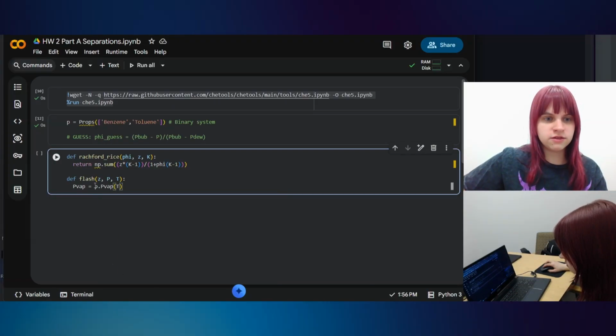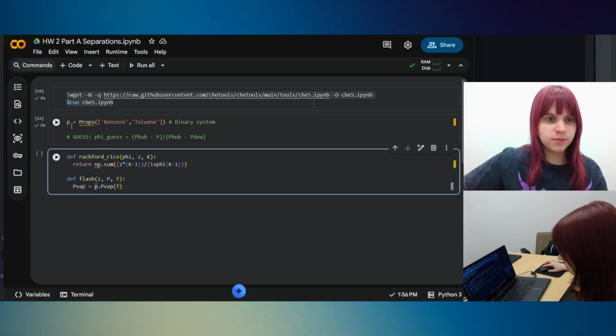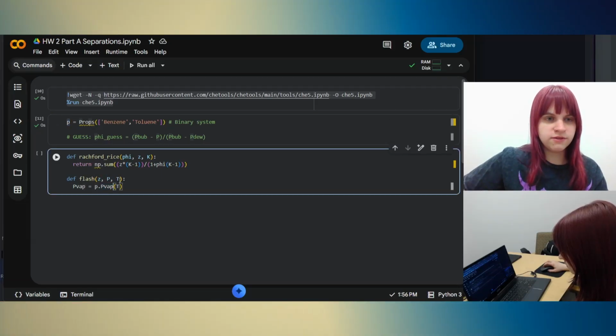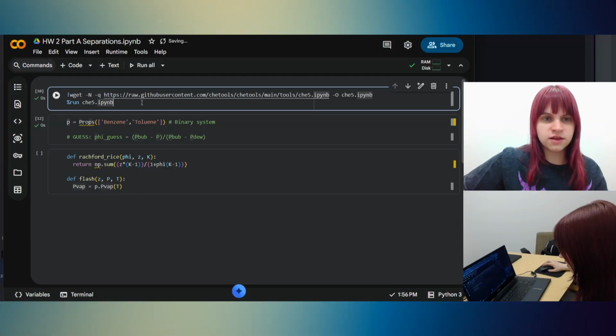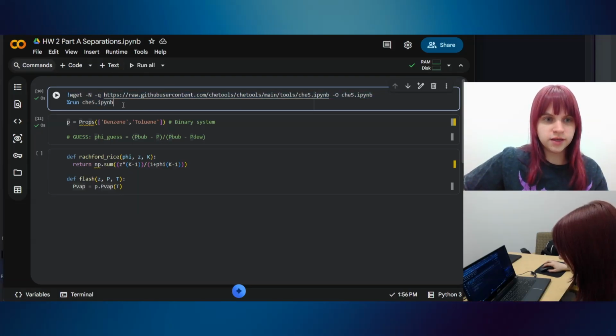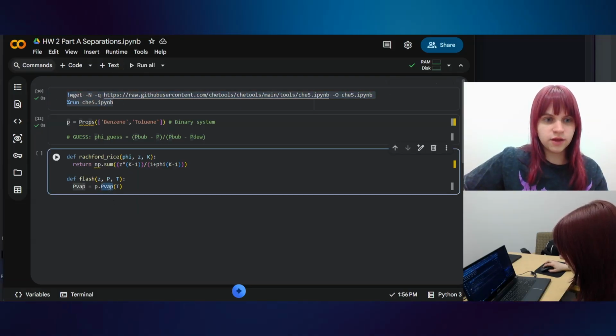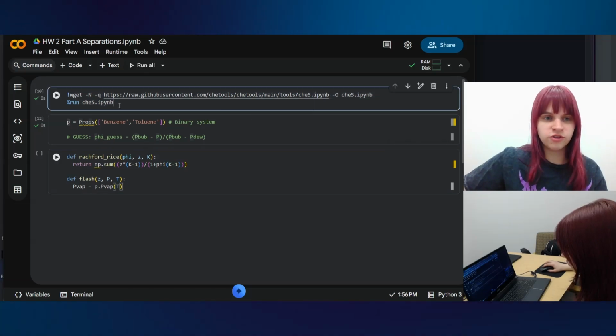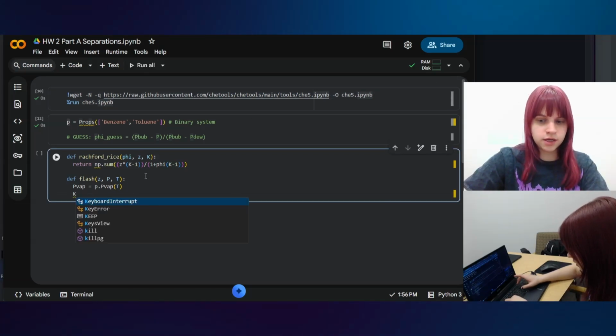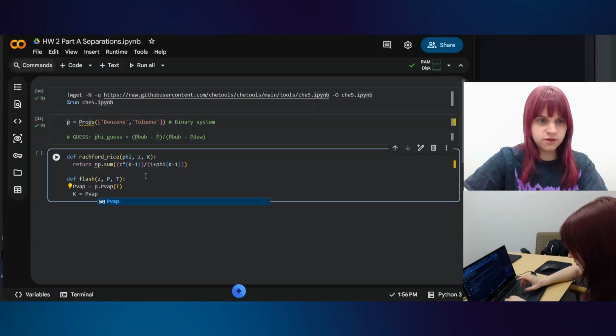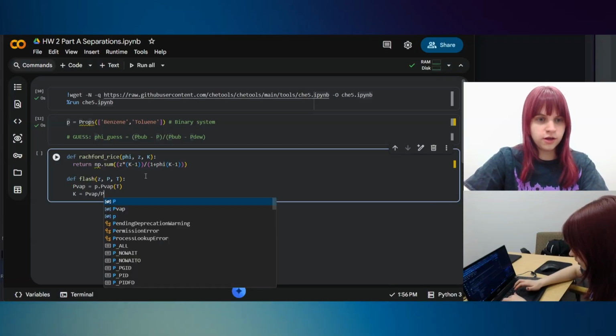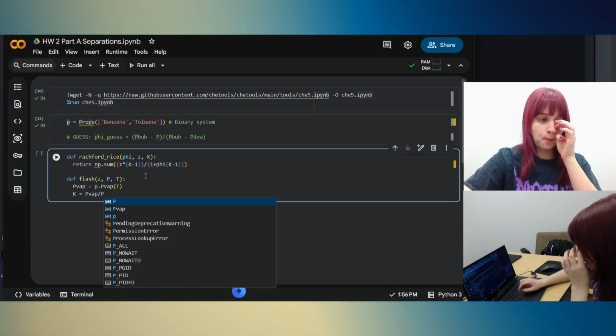Remember that this P is the properties up here, and P vap is from within this import. It grabs the vapor pressure for us, which is really nice. K is also that vapor pressure over the system pressure.